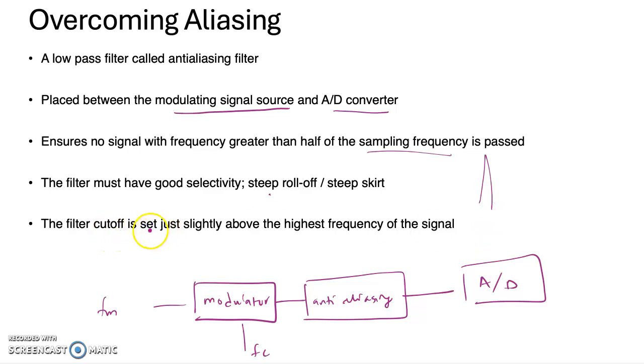The filter cutoff is set just slightly above the highest frequency of the signal. So here, this is just slightly above FM. This is FM. It is just slightly above the highest frequency of FM.